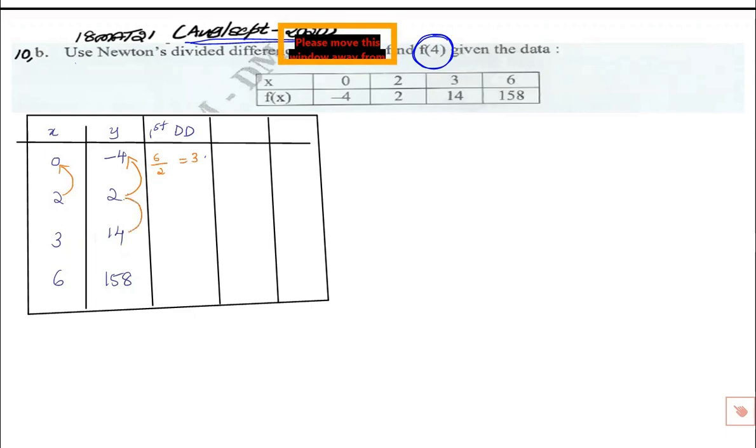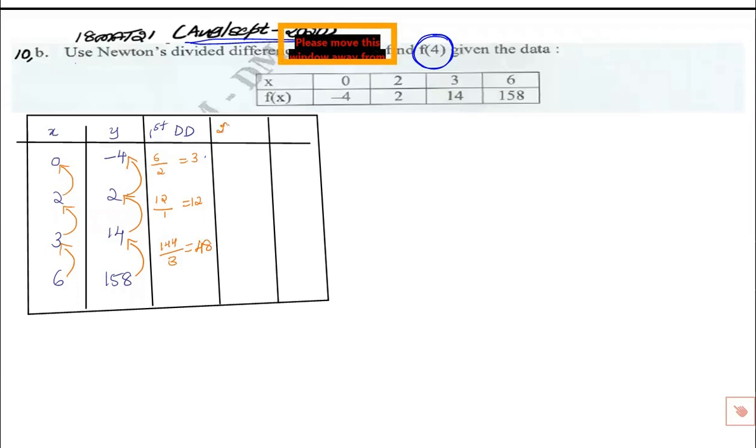Next 14 minus 2, that is 12, divided by 3 minus 2, that is 1, so the answer is 12. Similarly 158 minus 14, you will get 144, divided by 6 minus 3, that is 3, so the answer is 48.